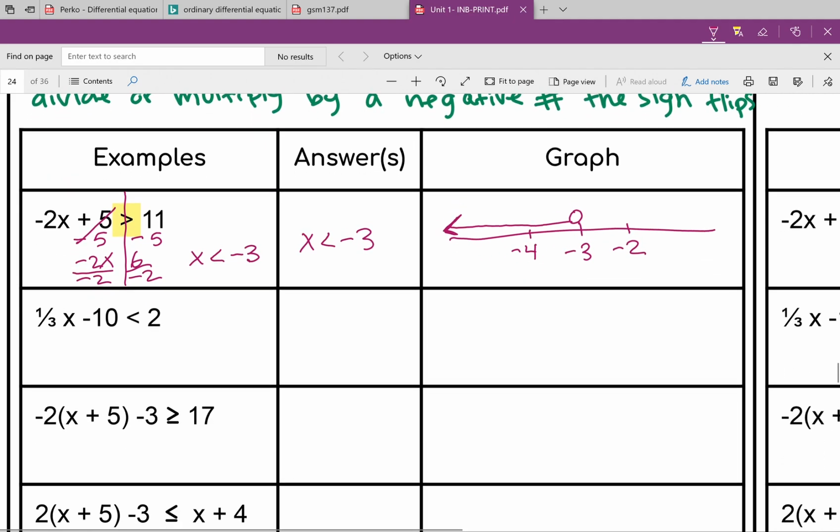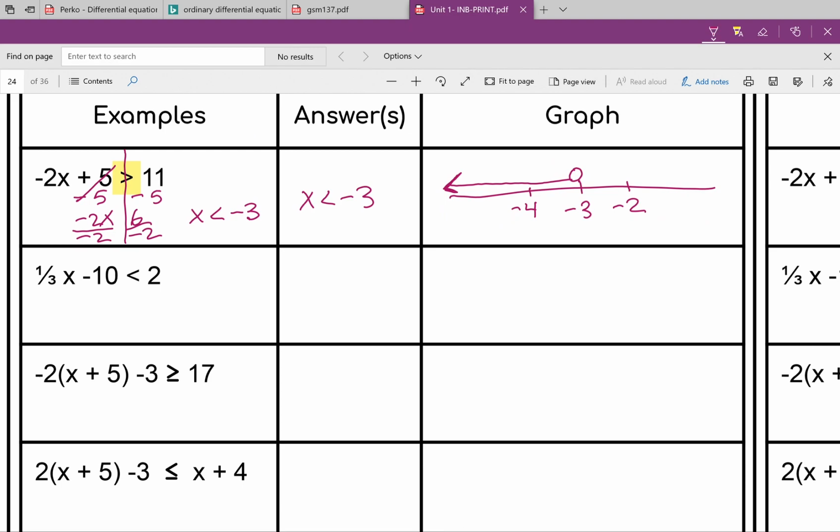Let's look at example 2. Same thing. You're going to add 10 to both sides. And we get 1/3 x, and then we have 12. Okay. To get rid of that 1/3, we're going to divide by 1/3.